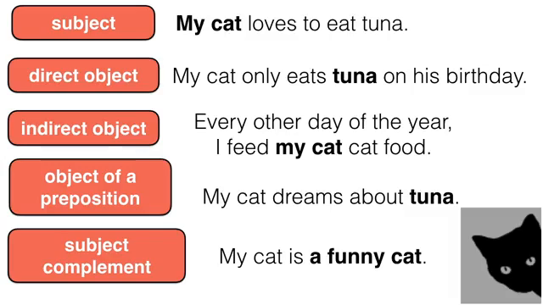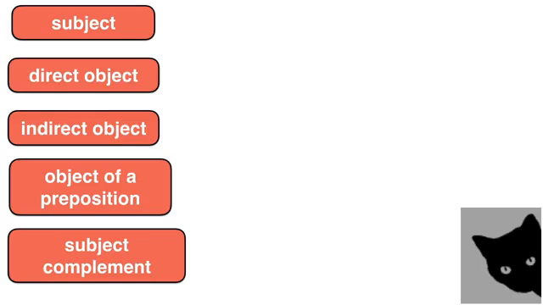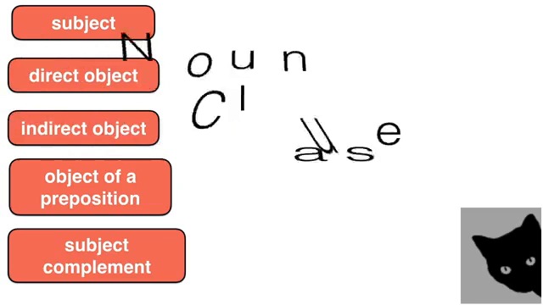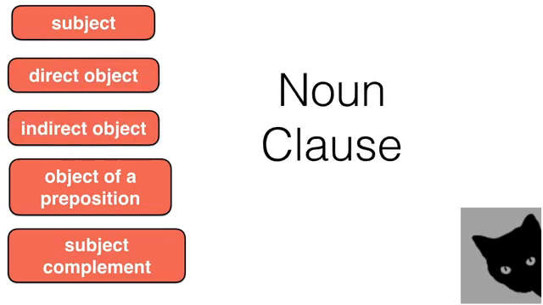So these are all the jobs that a noun performs in a sentence. Remember, a noun could also be replaced by a pronoun, and a pronoun can do these jobs too. It's important to remember this before talking about noun clauses, because a noun clause can also perform all of these jobs in a sentence.